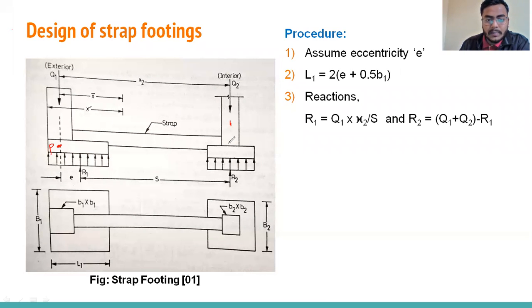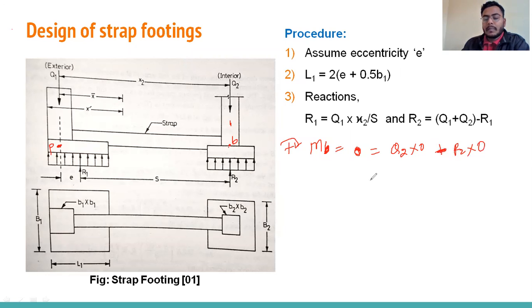See, suppose this point is the B point, for example. So take the bending moment at the B point. Summation of all the bending moments in the clockwise direction will be 0. So now what will happen? Q2 into 0, and also minus R2 into 0, so this will nullify.